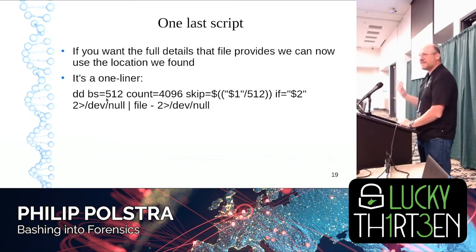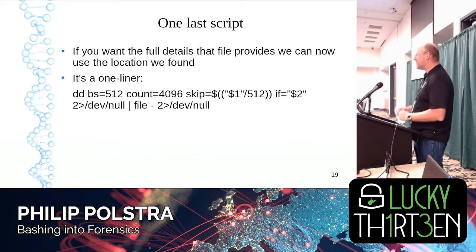dd, block size 512, standard sector. Count 4K. I'm like, 4K sectors probably ought to be able to tell me about this file. Might be larger than the actual file, but it's going to work, right? File is going to do a really good job telling me about this file.